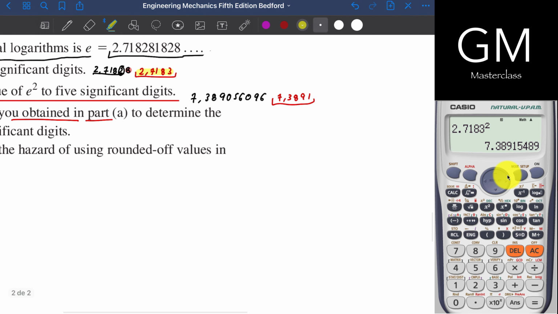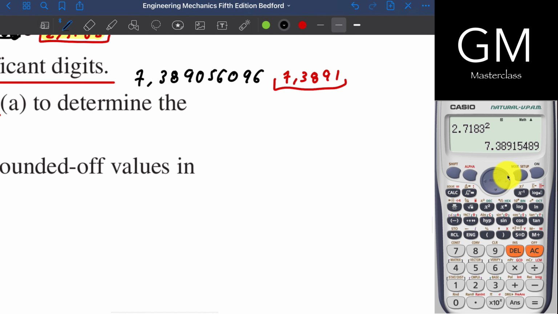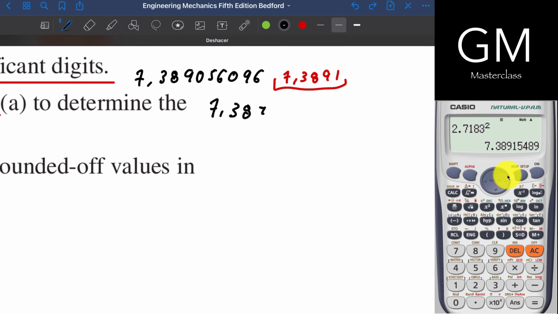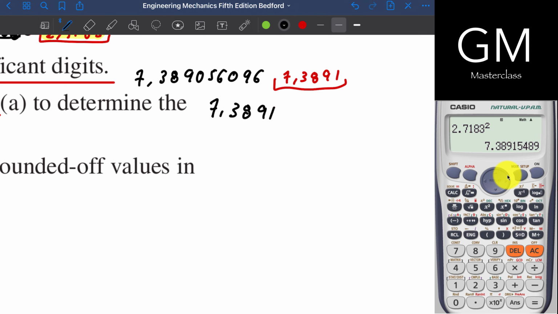It is equal to 7.389 15. I don't have to write the whole number.